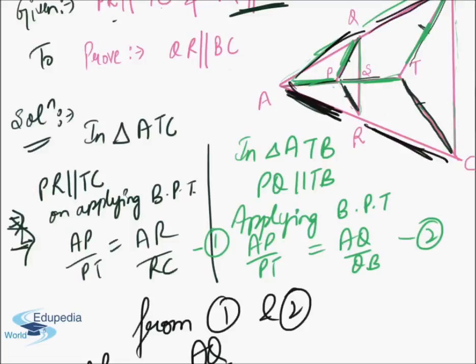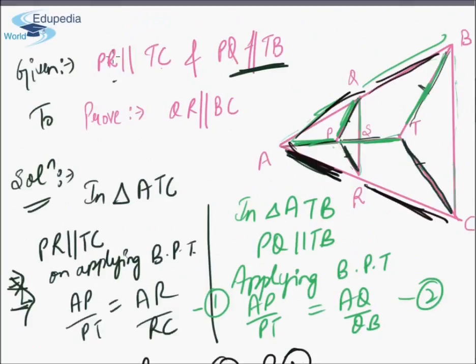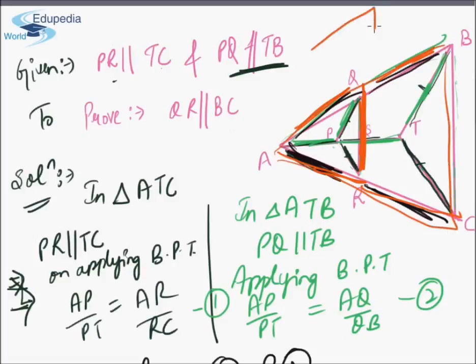If we look clearly at this picture, AR and RC and AQ and QB are divided by this line QR in the triangle ABC. That is, in triangle ABC, AQ and QB and AR and RC are divided by the line QR.